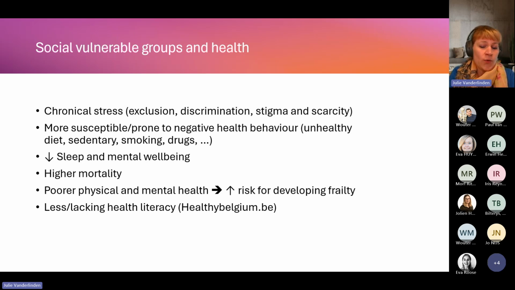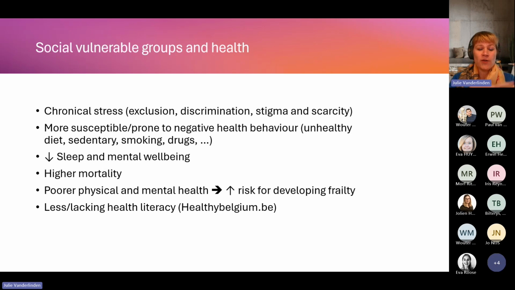And I think we all work in health, so we know that stress can have a negative impact on health, specifically when it's chronic, when it stays for a longer period of time. Due to this stress, you are also more susceptible to negative health behavior.